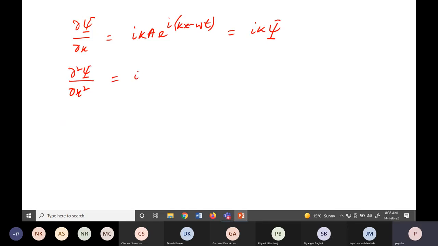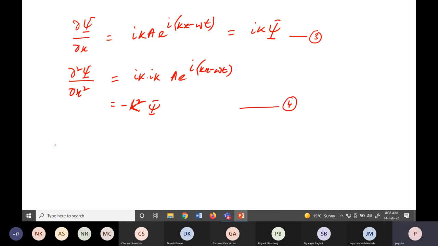Okay, so that will give you ik, and then there is another ik a to the power i(kx minus omega t), so that's nothing but k square psi. So this is equation number 3, this is equation number 4.